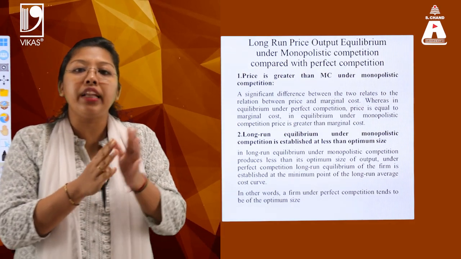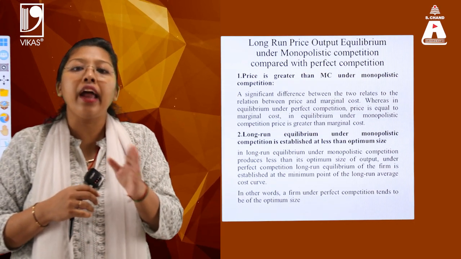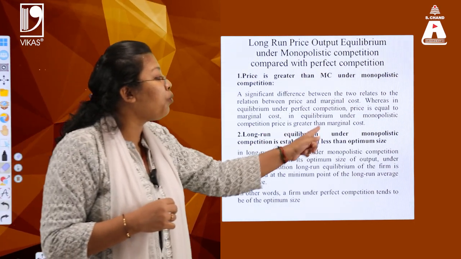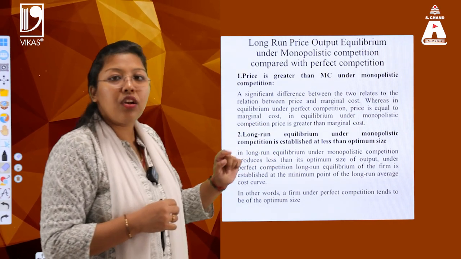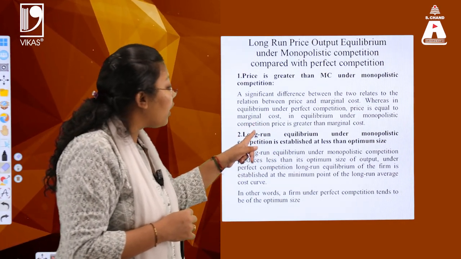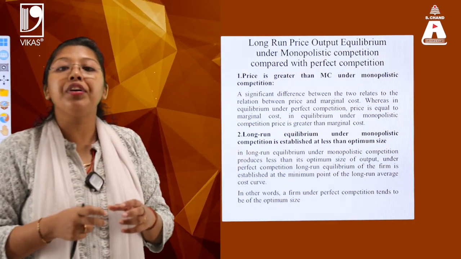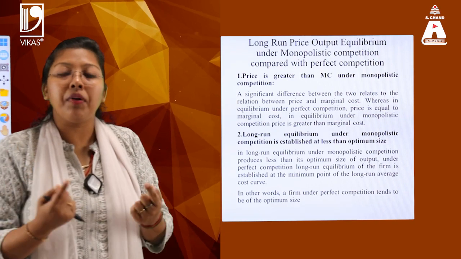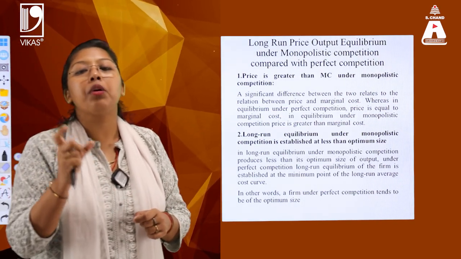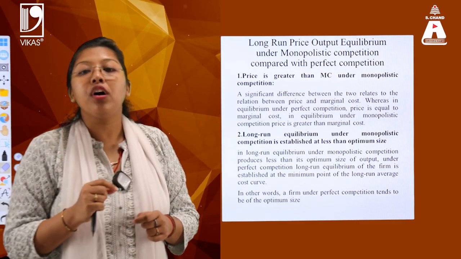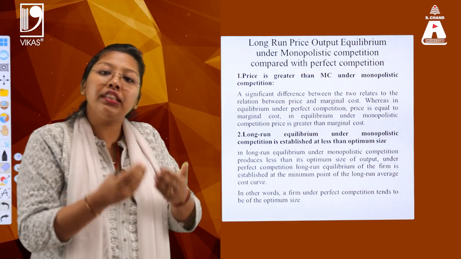So when I know that every resource is equally responsible for the production and they are scarce, I need to figure out what is the optimum size. If there is less than optimum size, then long run equilibrium will be established, but by having huge competition amongst the competitors. But no such concept is there in perfect competition, because in perfect competition the optimum size is already achieved.